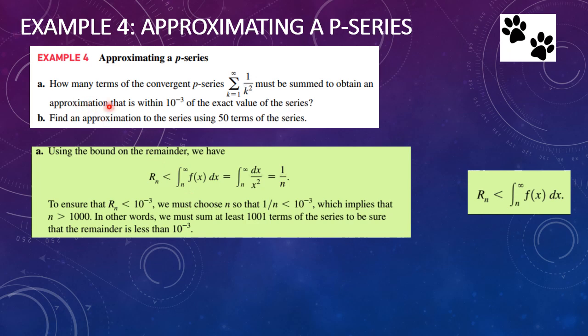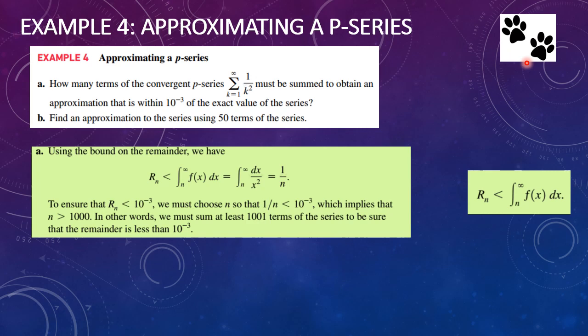Again, remember n is the number of the terms. And our remainder is going to be that constraint, if you will, within a certain value of the answer. And this was wanting to be 1/1000th of the value.